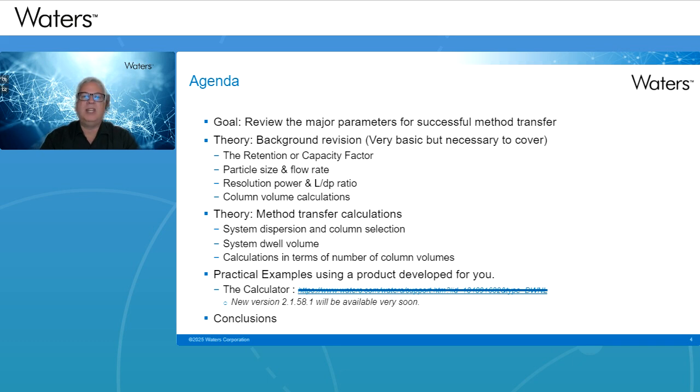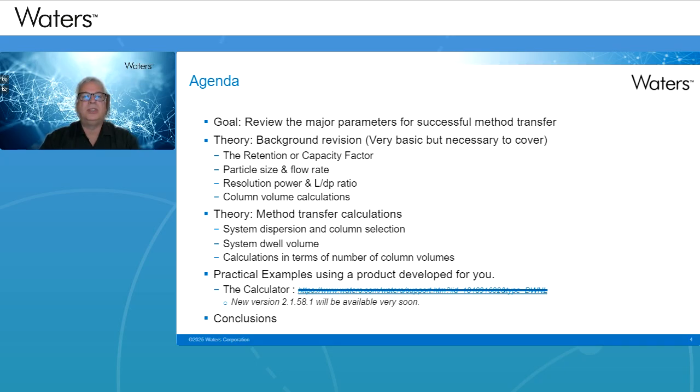And I've asked many people what happened when you transfer the method in your lab. This is where sometimes it doesn't always work. So the topic today will be to make sure that what you see in the literature will transfer to your lab more easily. So we will review the theory, the background a little bit.